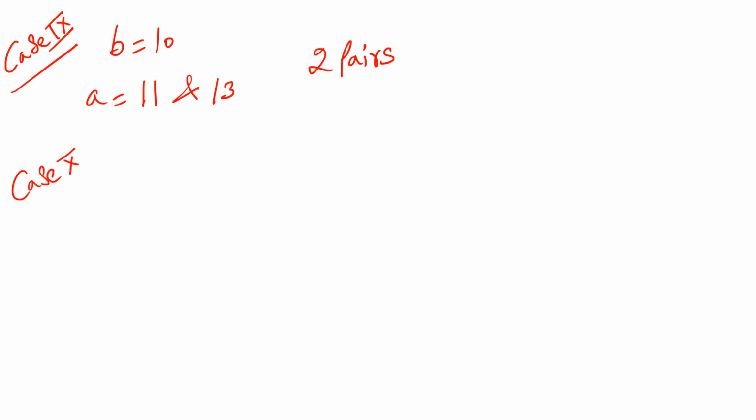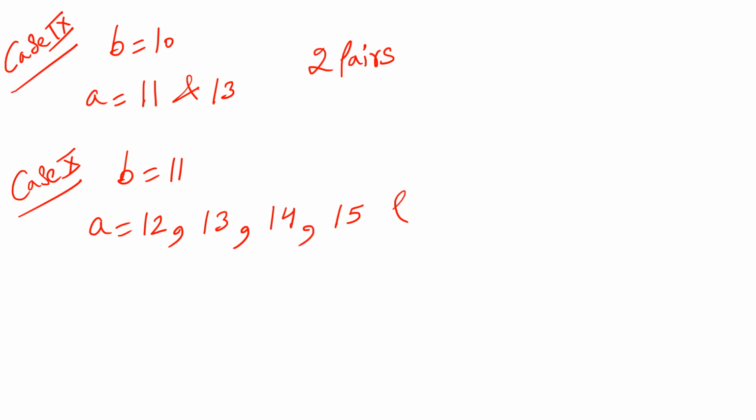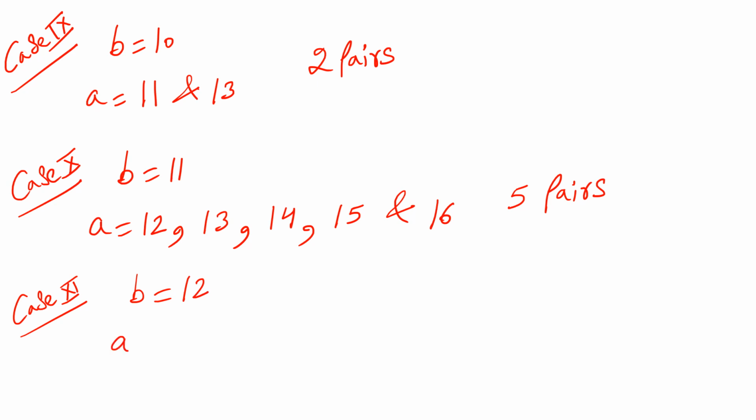In the 10th case, when b equal to 11, then the possible values of a are 12, 13, 14, 15, and 16. In this case, we have 5 pairs. In the 11th case, when b equal to 12, then the only possible value of a is 13.